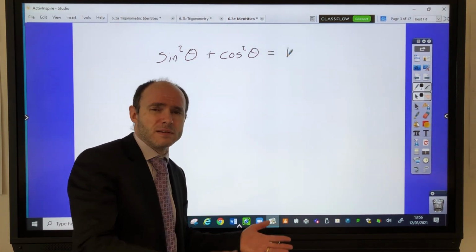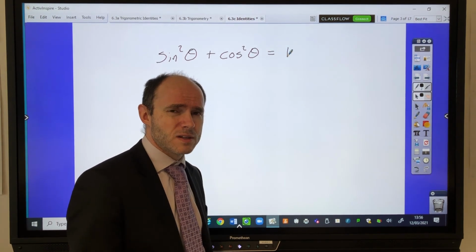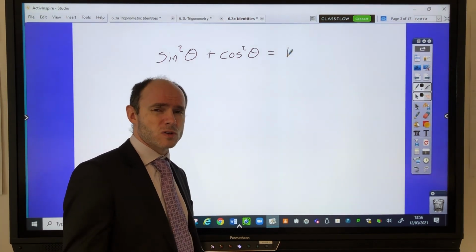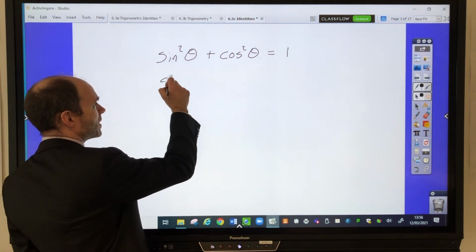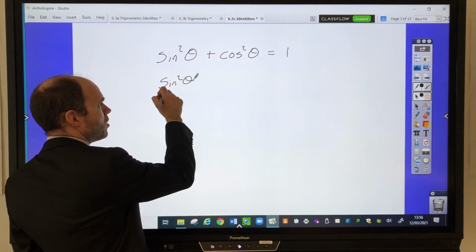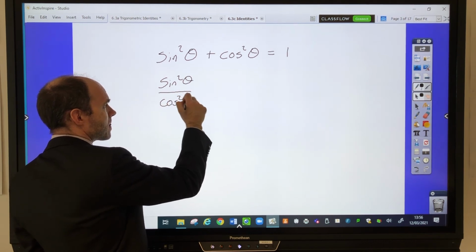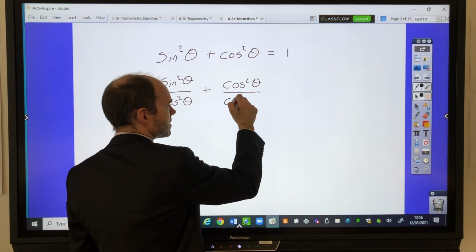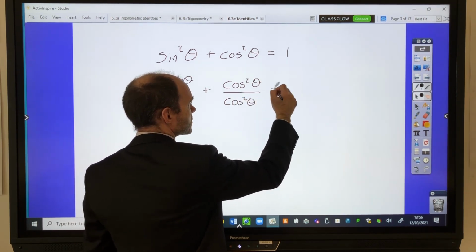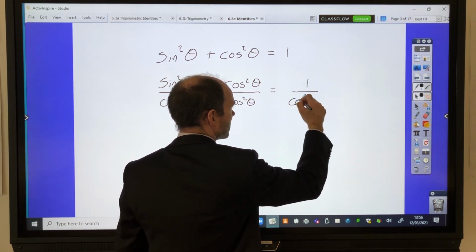by anything as long as it's not 0. So I'm going to divide both sides by cos squared theta. What do we get if we divide by cos squared theta? We get sine squared theta over cos squared theta plus cos squared theta over cos squared theta is equal to 1 over cos squared theta.